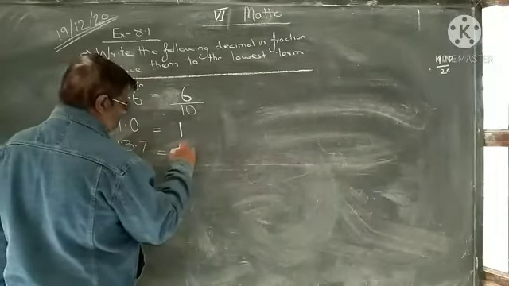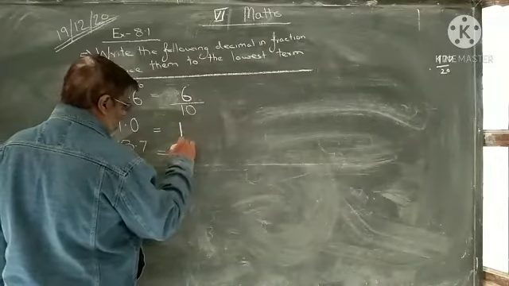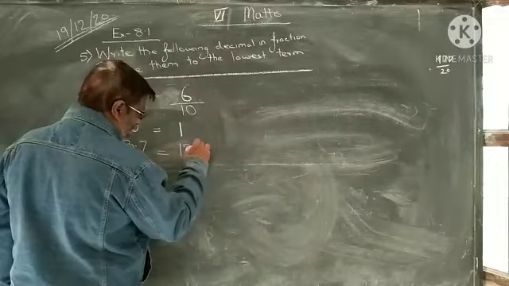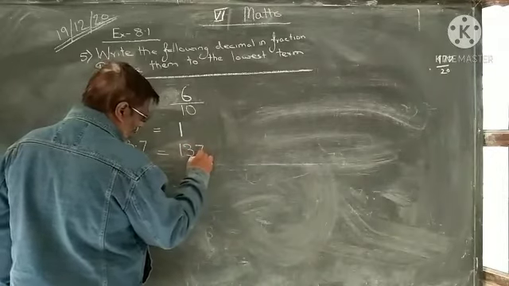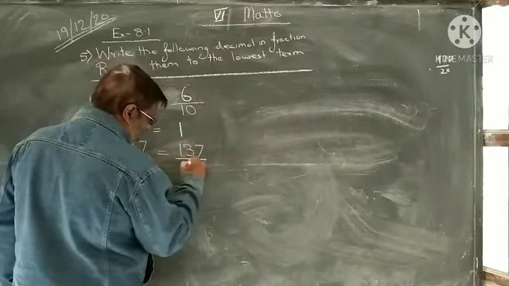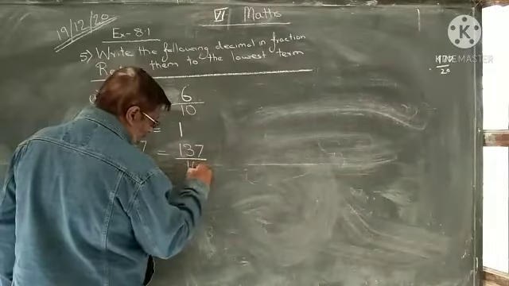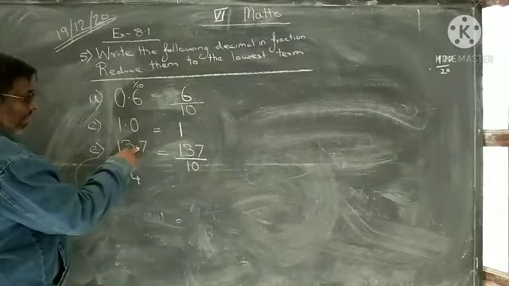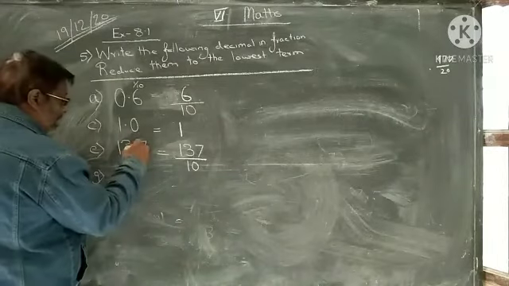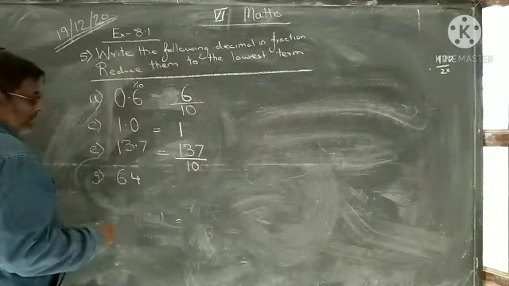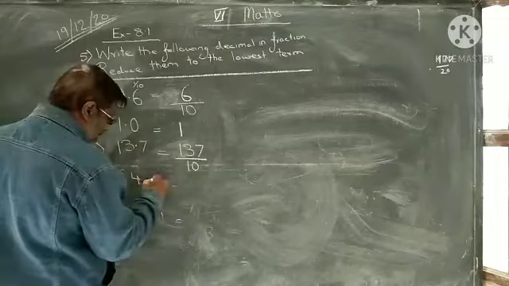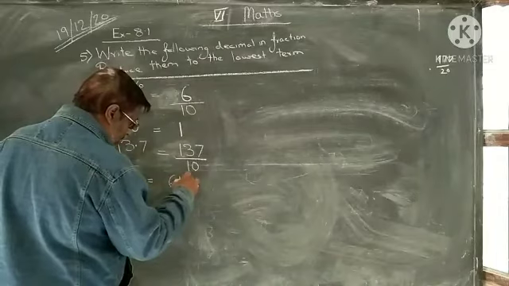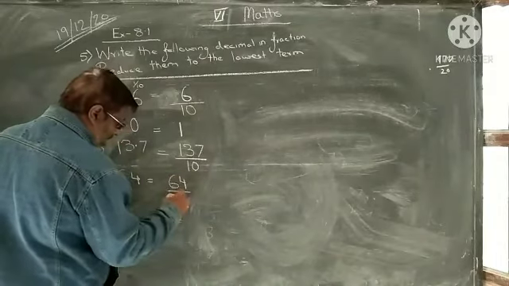13.7, write this as 137 by 10, because we have one digit after the point. Now 6.4 we write as 64 by 10.